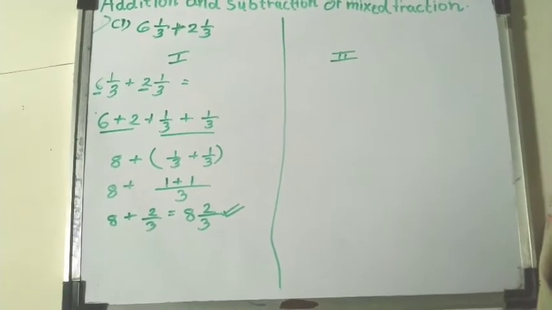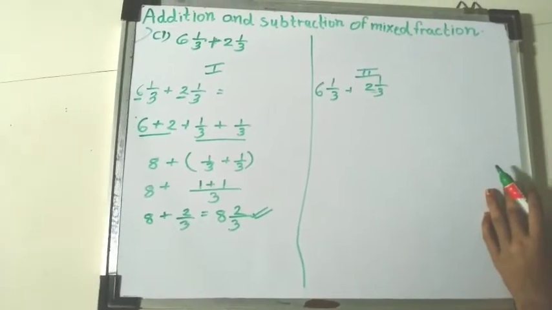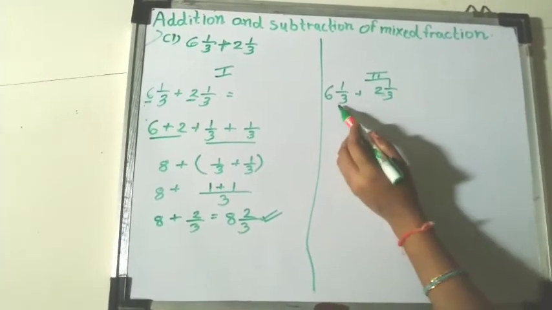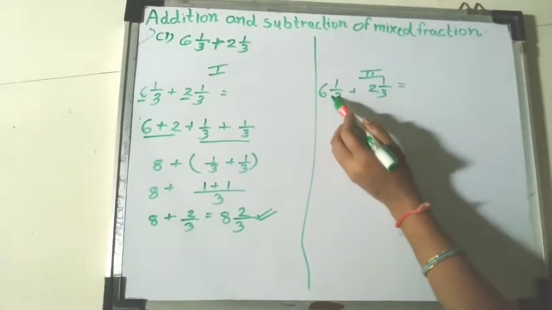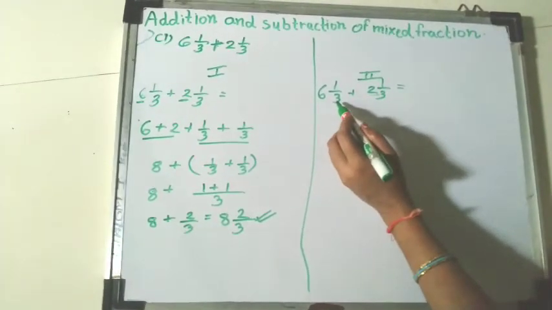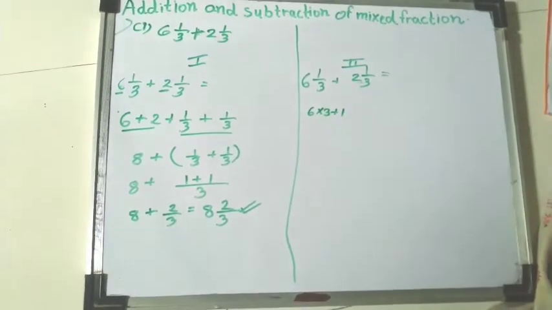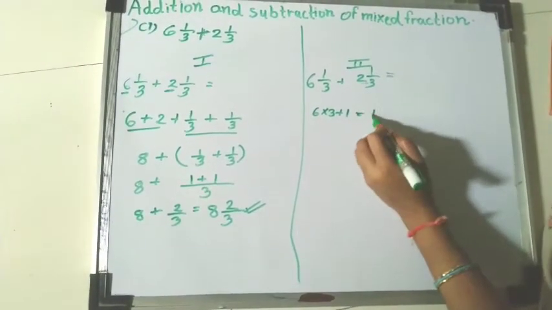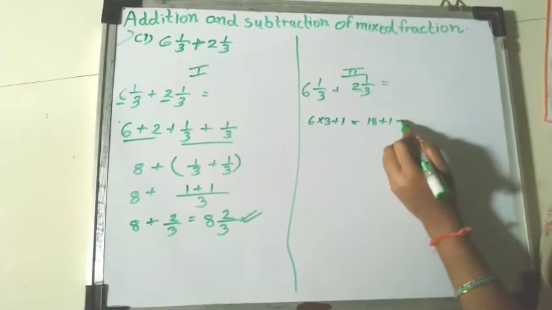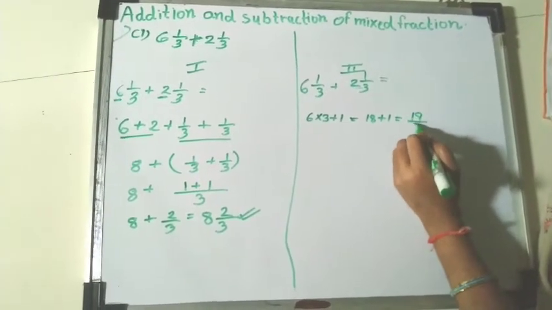The next method: at first we will change the mixed fractions into improper fractions. 6 into 3 plus 1, it means 18 plus 1, 19 upon 3.